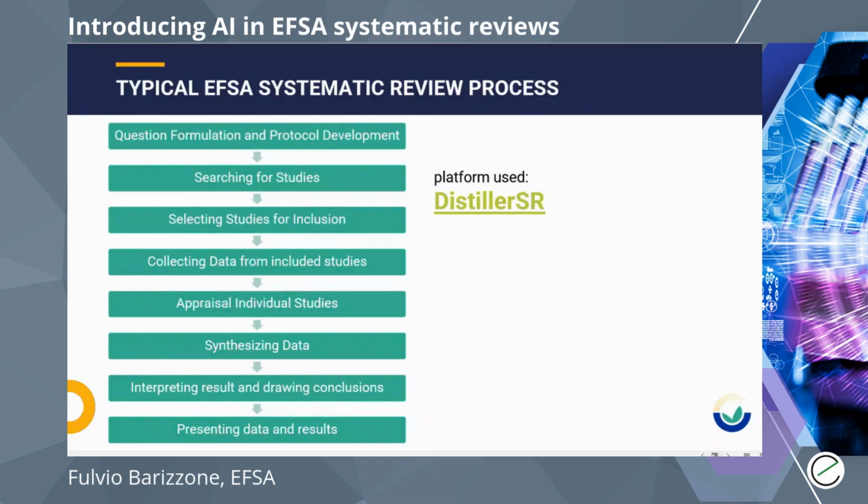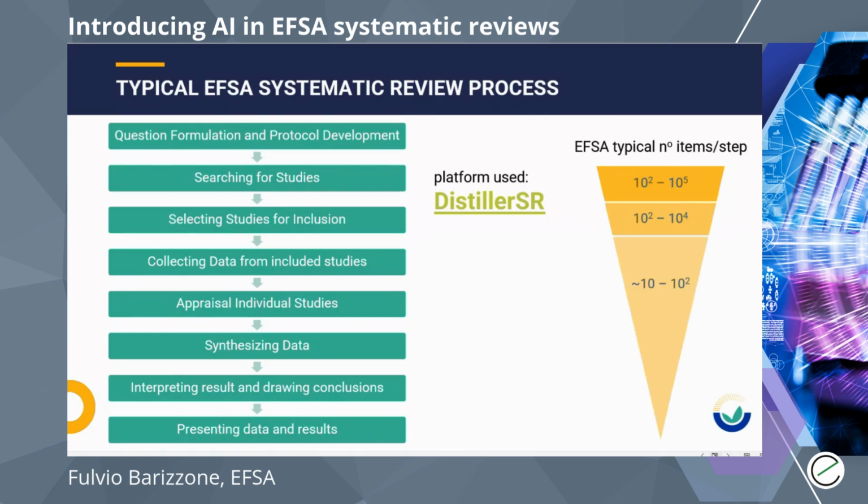Typically, like most of you, if you are familiar with systematic review, we start with a search that yields from a few hundred up to tens of thousands, 10,000, 20,000, 50,000, 60,000 papers. Then when you select studies, you go down to a few hundred, some thousand. And then you arrive at the end of the process with a few papers, some hundreds, no more than that.